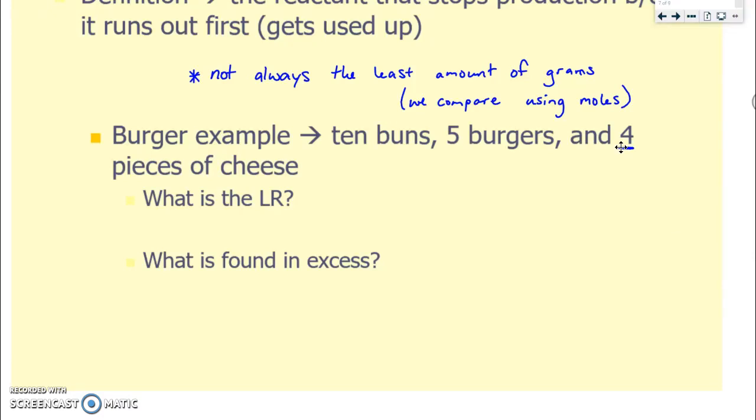So we only have 4 pieces of cheese, and therefore the cheese is limiting our reaction. The other reactants, the buns and the burgers, would be found in excess. Most chemical reactions only have 2 reactants, so one will serve as the limiting reactant, and the other would be found in excess.